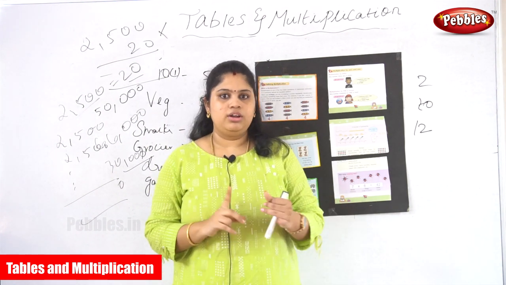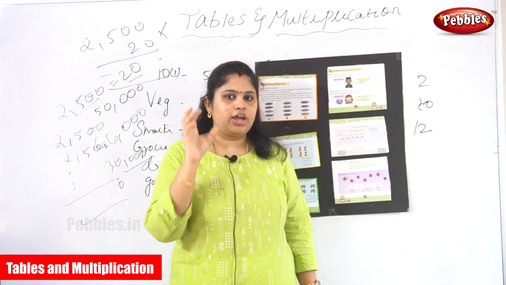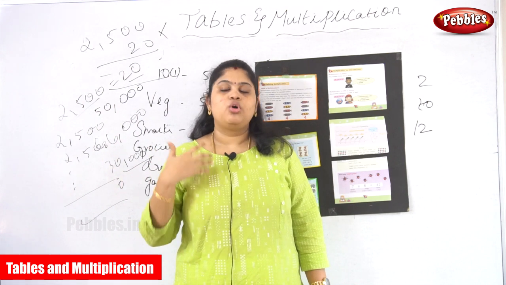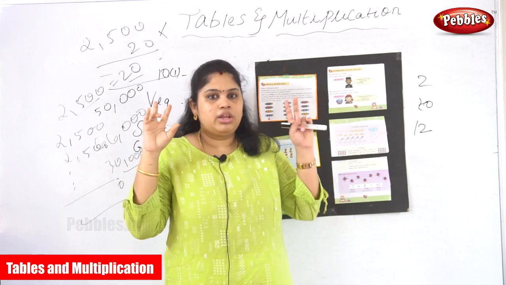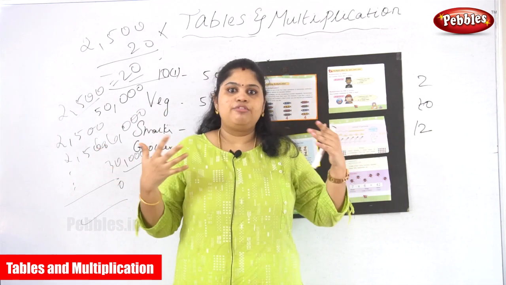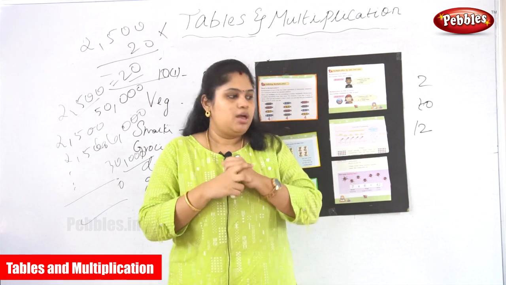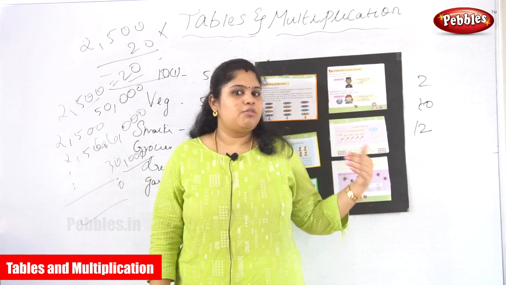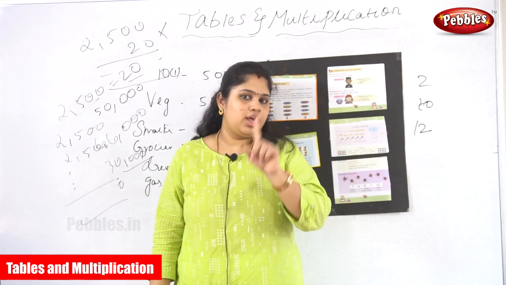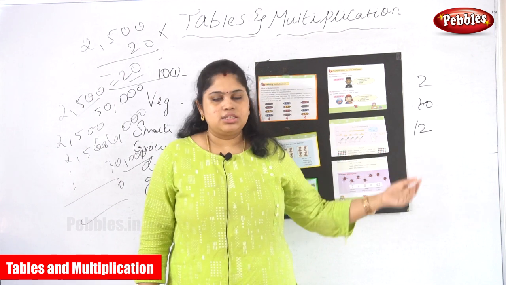When you are reading the 2, 3 and 4 tables, you will feel very refreshed because you are learning a very new subject like multiplication. Everybody has that good feeling right at the start. But when you keep on going, you will feel very tired. At the time of the 6, 7, 8 tables, you will really find it difficult.